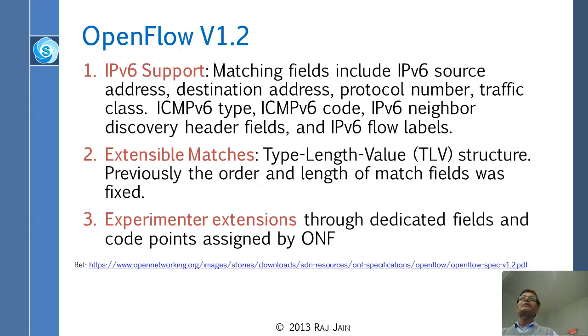And that actually is a problem because the protocol is not self-extendable. You cannot extend it. It has to go through the ONF. ONF has to define the field and then we can use it. So they added IPv6, ICMP v6 and so on and so forth.